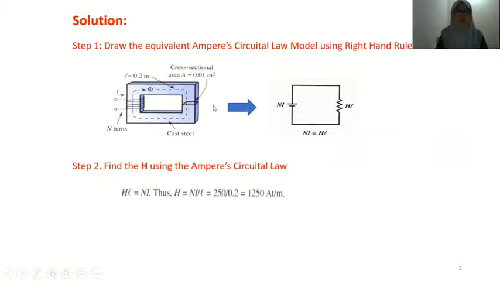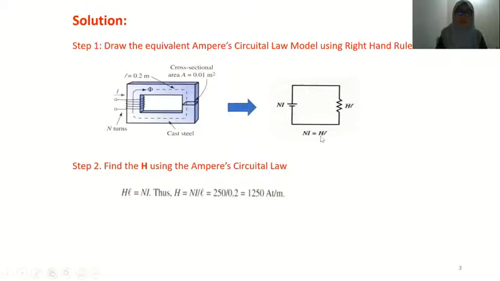The equivalent circuit has the Ni here, and the direction of flux is going up around this circuit, and then you have the HL of the cast steel here.